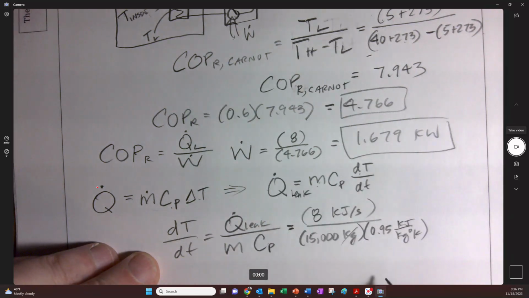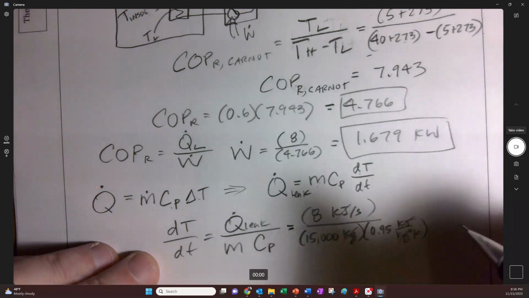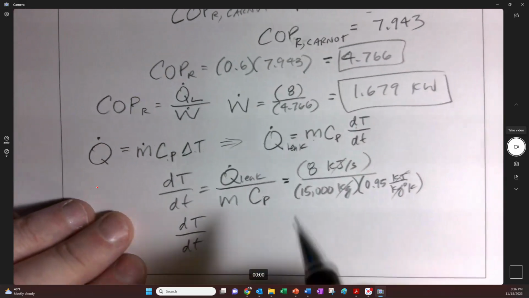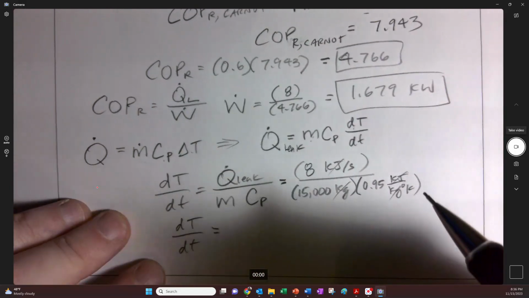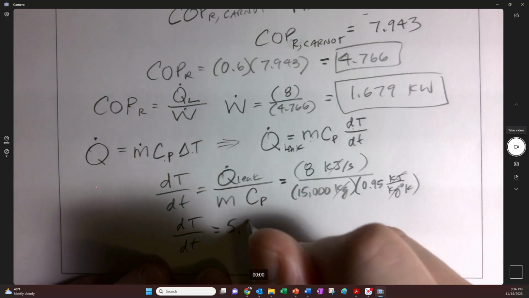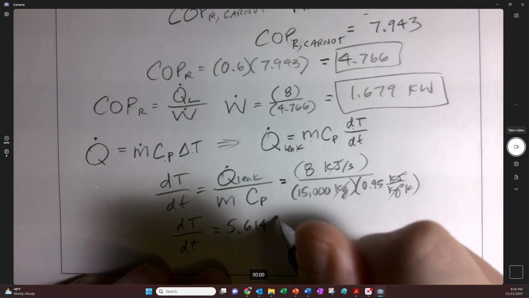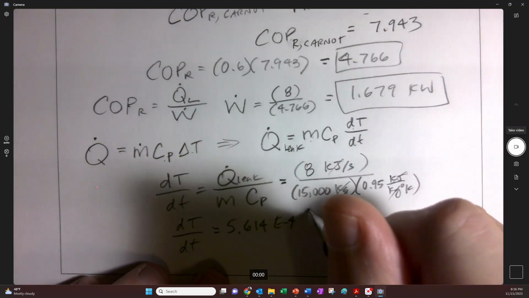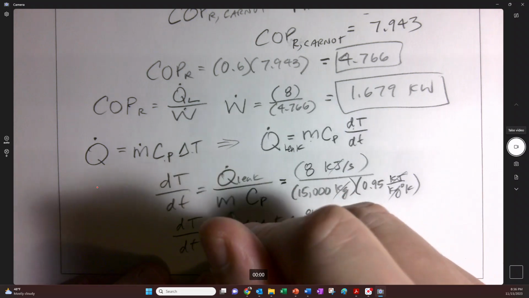So the kilograms go away, kilojoules go away, and you get degrees Kelvin per second. So I'm going to write this over here to get a little more space underneath. What you're left with is a very, very small number, but I'm going to change it to something more digestible in a second. Minus 4, and these are degrees Kelvin per second.